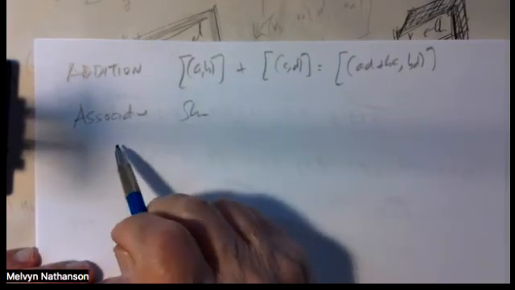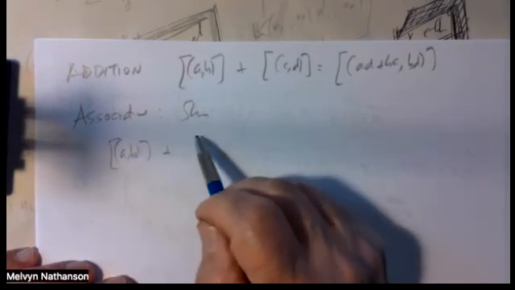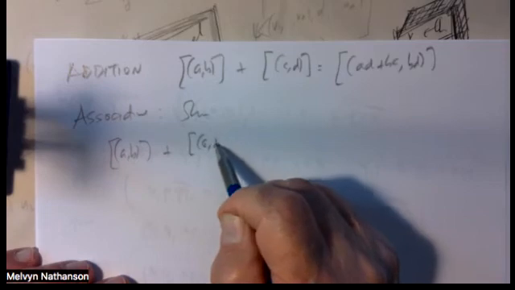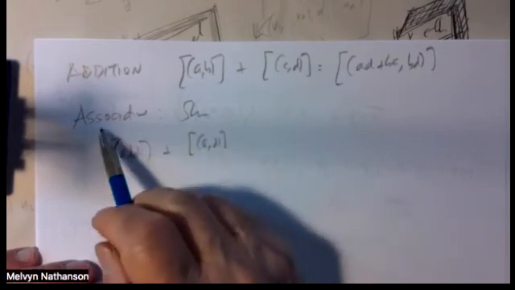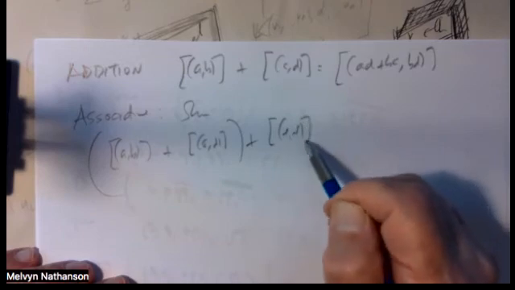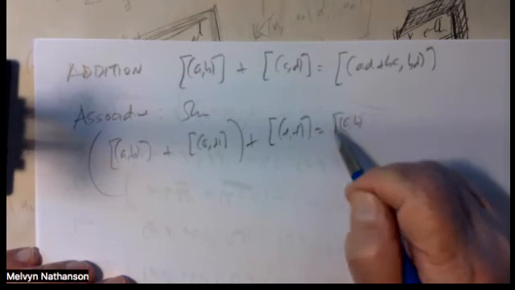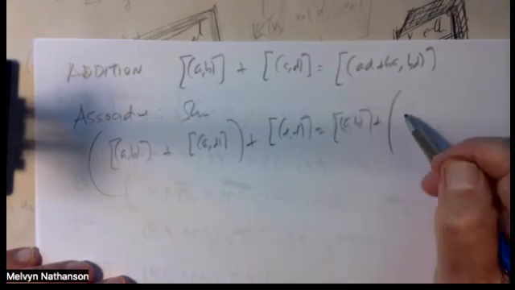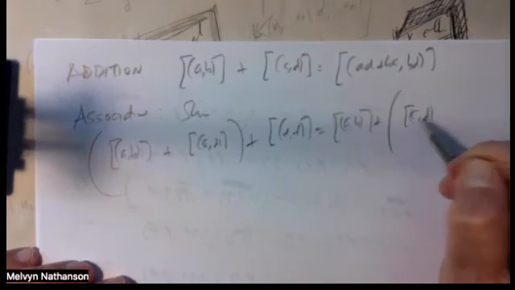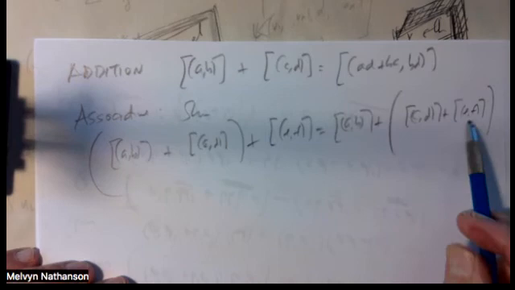We have to show that if I take the equivalence class of AB plus the equivalence class of CD and add to it the equivalence class of EF, that's equal to the equivalence class of AB plus the equivalence class of CD plus EF.